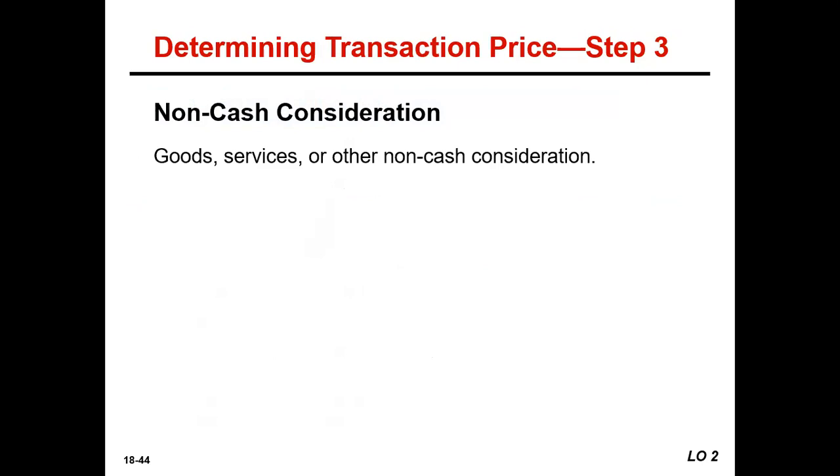What about non-cash consideration? So companies sometimes receive consideration in the form of goods, services, or other non-cash consideration. When this situation occurs, companies generally recognize revenue on the basis of the fair value of what is received.